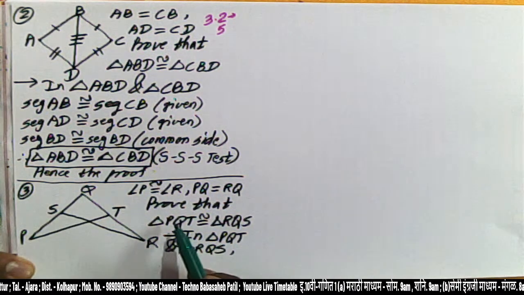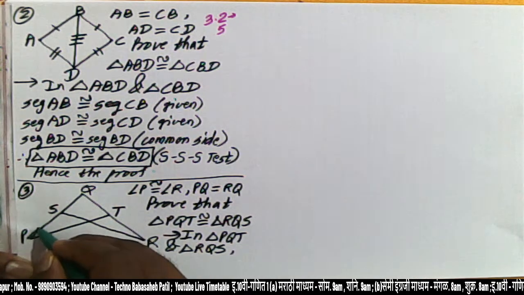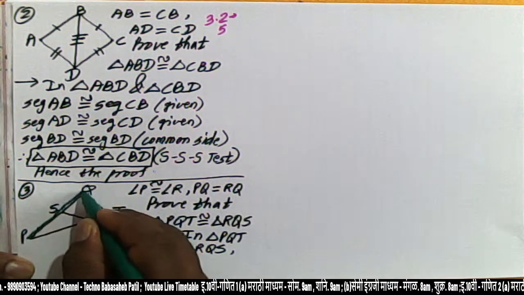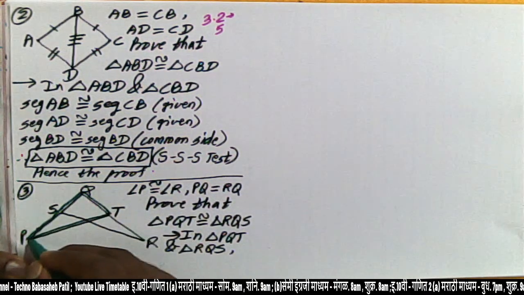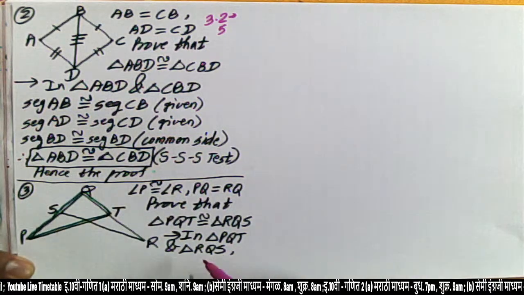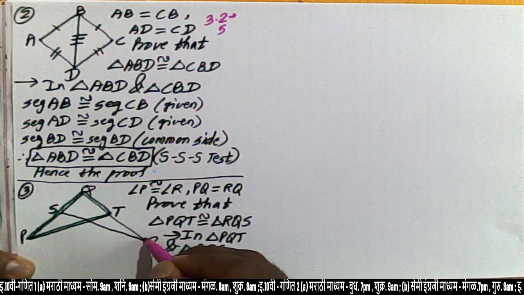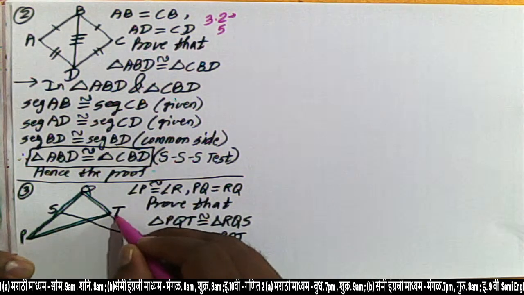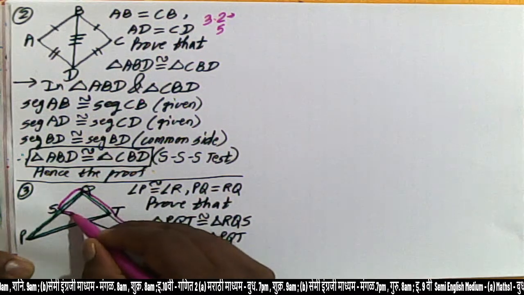That triangle PQT, in this way we get here, and another triangle RQS.